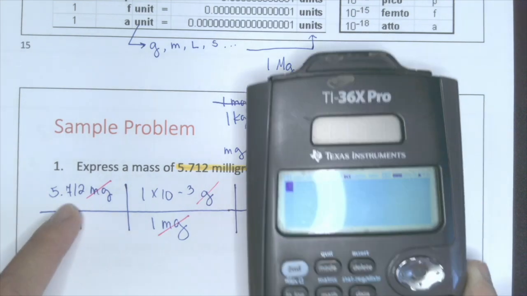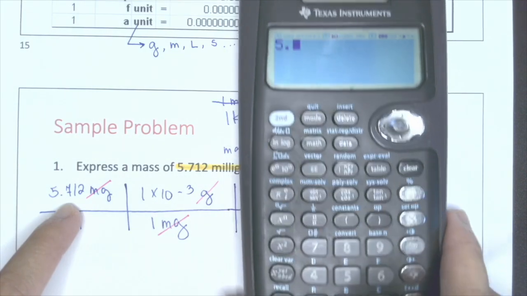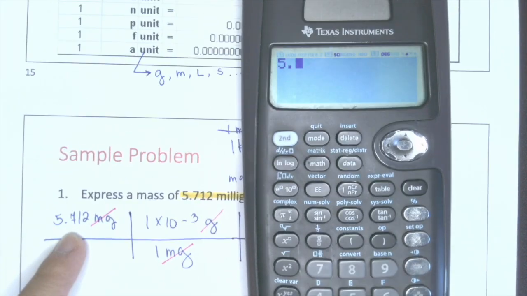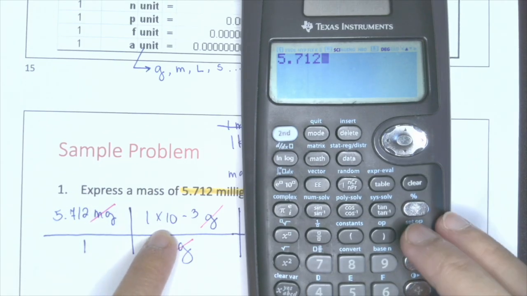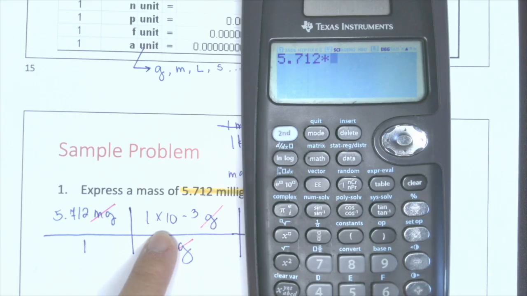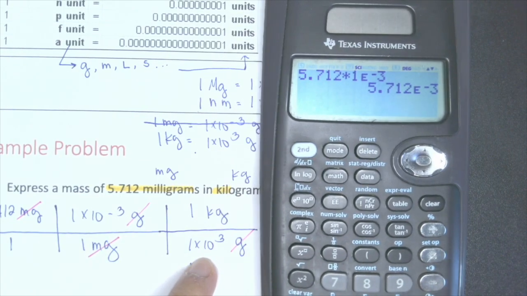And so I have 5.712, and because the other value that is not 1 is in the numerator, I'm going to go ahead and multiply 10 to the minus third. And then the other value is in the denominator, so then we're going to divide. Divided by 1 times 10 to the third, and our answer is this.